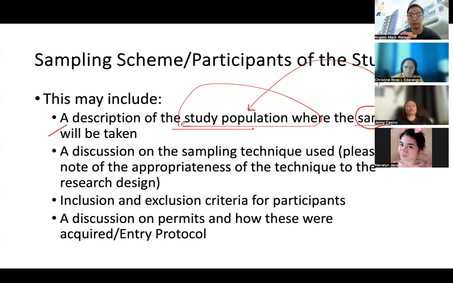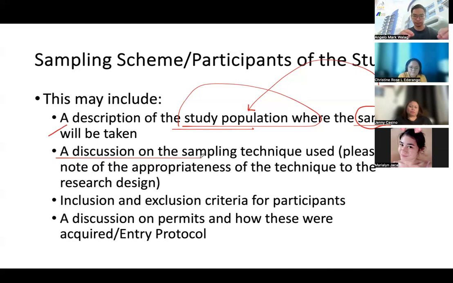Especially when you're doing a random sampling technique for the quantitative component. And you will also be discussing the sampling technique that you will use in your study.